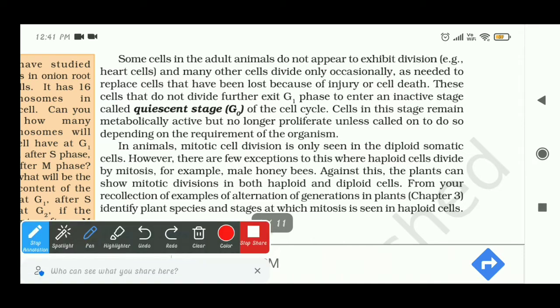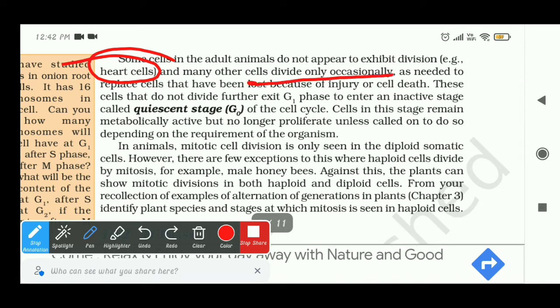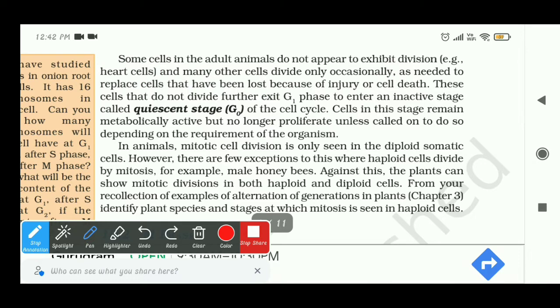Now there is something important written: some cells in adult animals do not appear to exhibit division. Like in this world we have different kinds of people with different thinking and perspectives, some cells are also different from others. These cells do not appear to exhibit division, like the heart cells and many other cells that only divide occasionally, when needed.